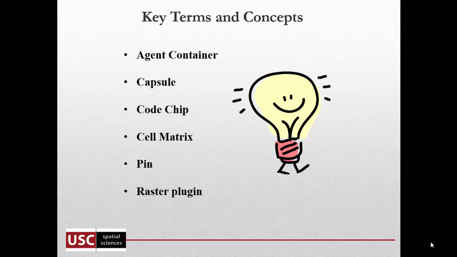And then a cell matrix is an agent container that is specifically geared towards a cellular automata, and we'll use one of those in our example model. A pin is a component that, if you imagine an electronic circuit board that communicates between the black box of the submodel capsule and the parent model, it moves information back and forth.